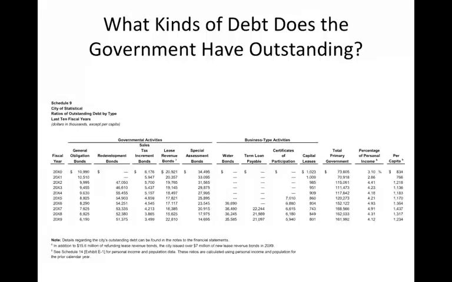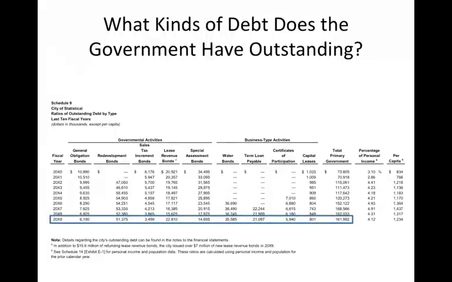This one is a schedule that shows all of the outstanding debt instruments that a government has, both those that are general obligation and tax-backed and draw on the general revenues of the government, and those that are revenue-backed, connected with the business-type activities of that government.